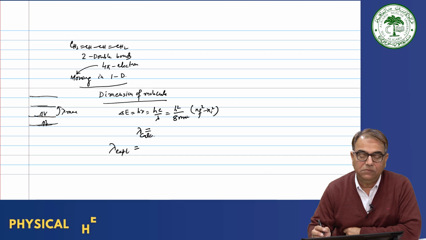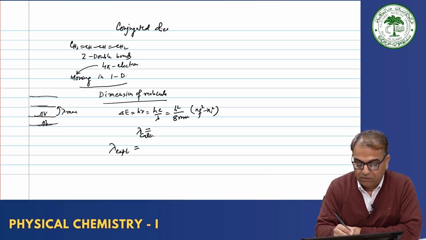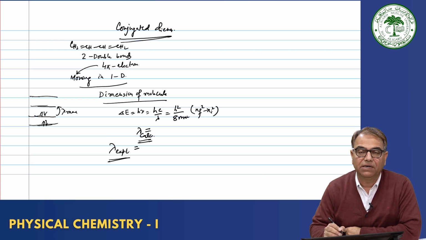So, for all conjugated dienes, it is possible to calculate lambda value and to find out what is the experimental value.